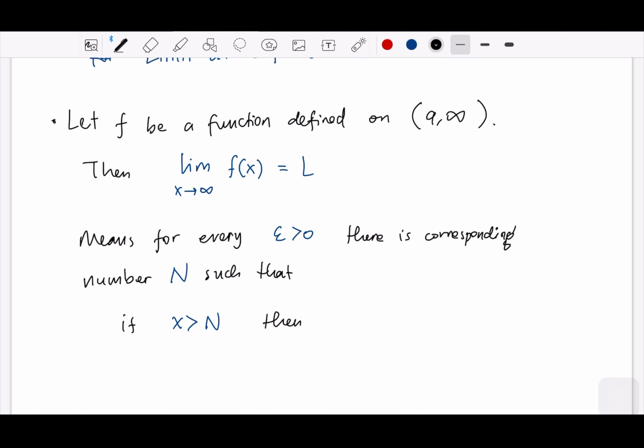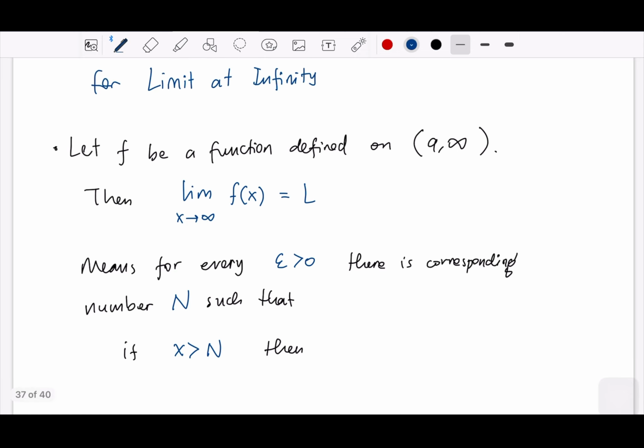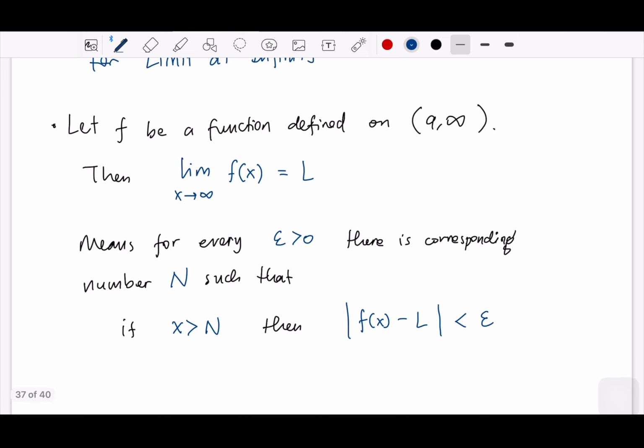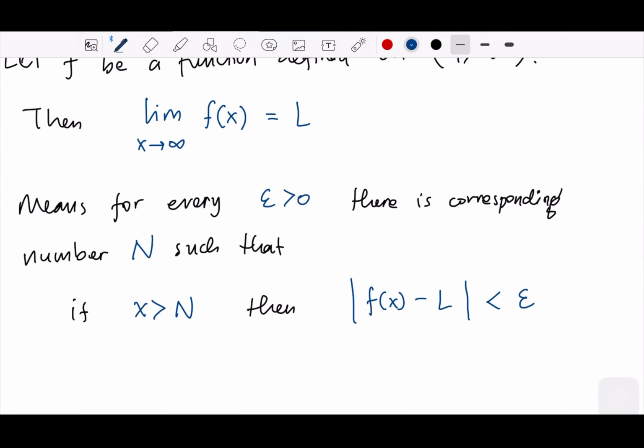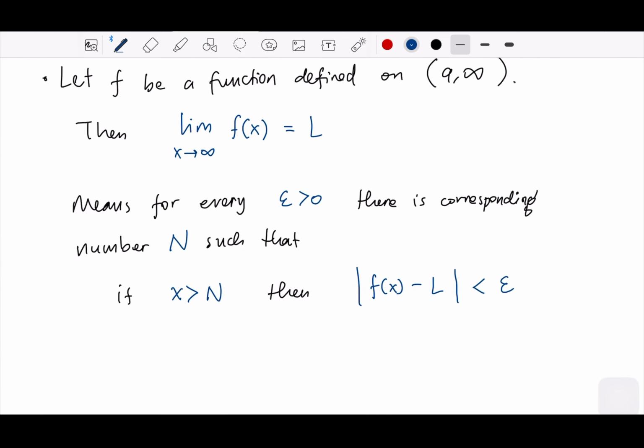then for sure the distance between f of x and L will always be less than epsilon. Which means that when we increase x larger and larger, and we can symbolize that with infinity, then f of x and L will have some certain distance which is always less than epsilon.